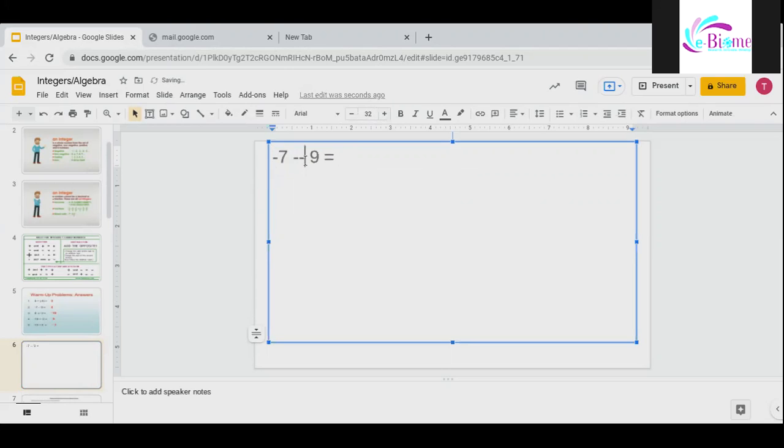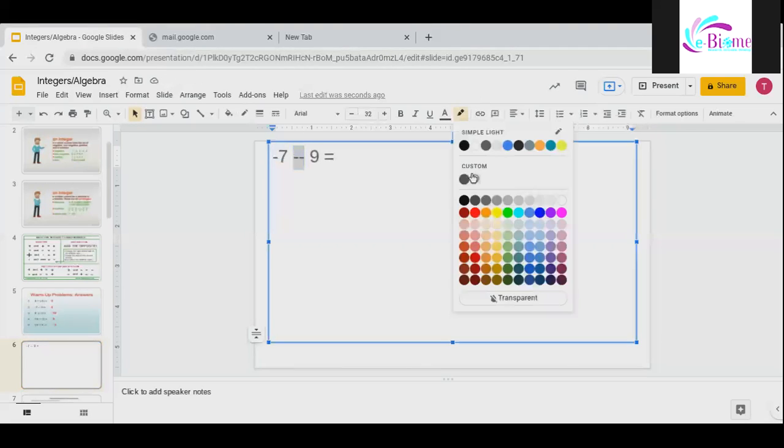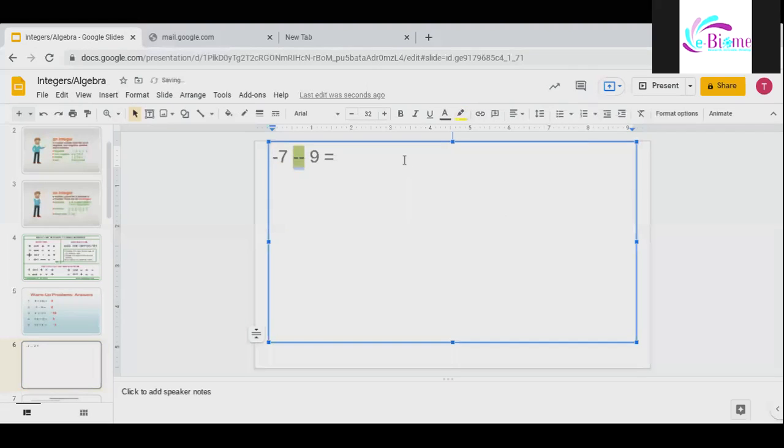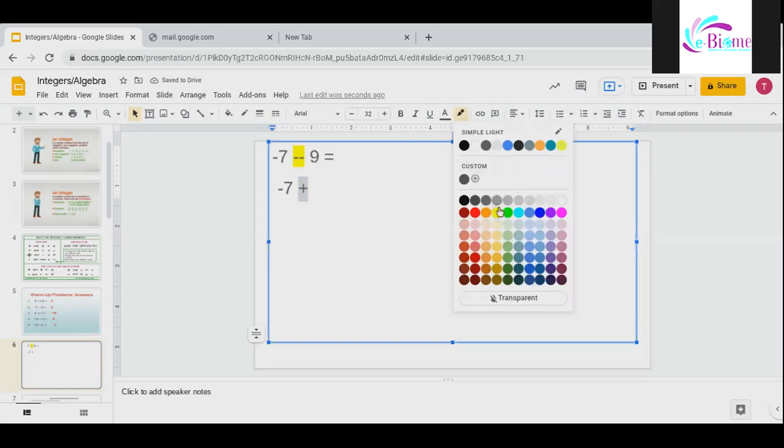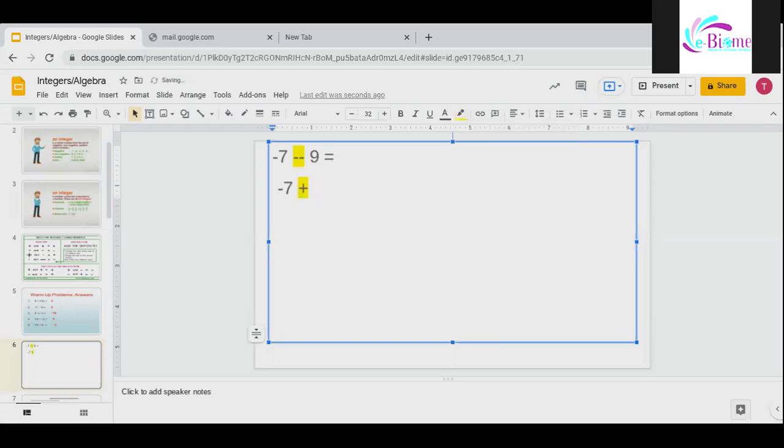These two negative signs here, they become a positive. So -7, now we have a positive 9.